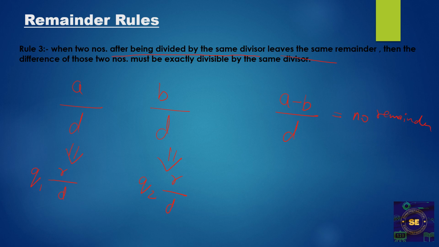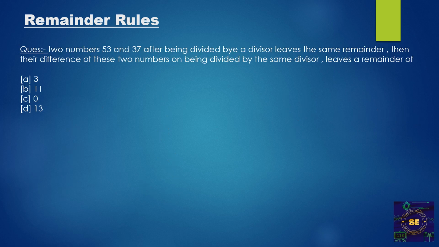Now let's take an example so that you can understand more clearly. The question says two numbers 53 and 37, after being divided by a divisor, leave the same remainder.